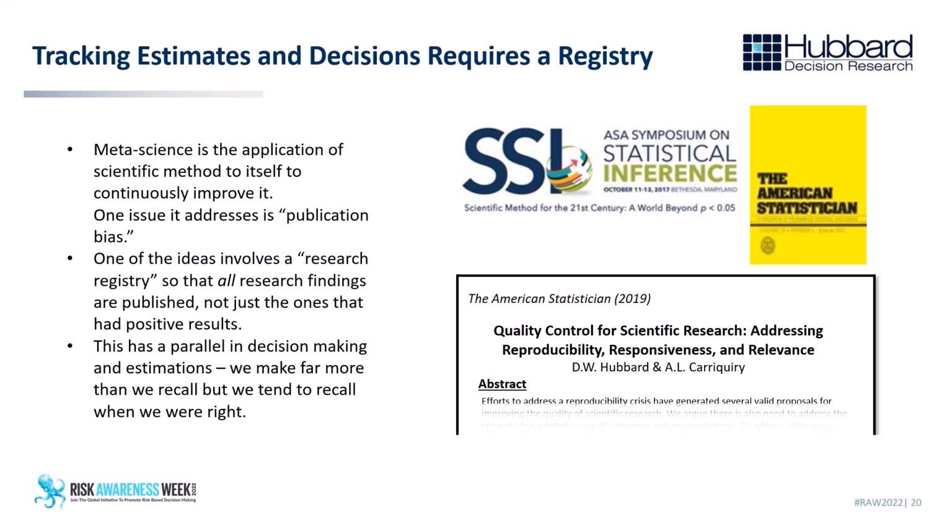This was about basically redesigning scientific method to get past methods that have been around for basically a century now. We wanted to improve on those methods. The area is called meta-science. That's the name of the field where we apply scientific method to science itself. Meta-science is the application of scientific method to itself to continuously improve that field. One of the issues it addresses is publication bias.